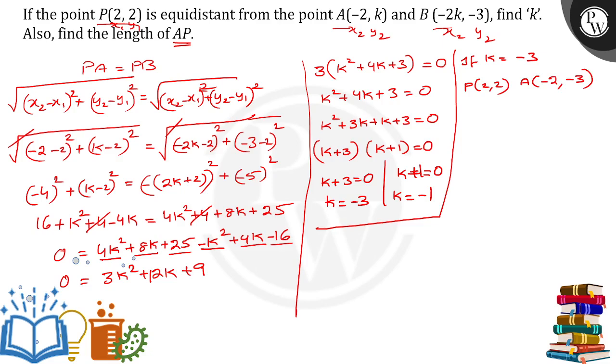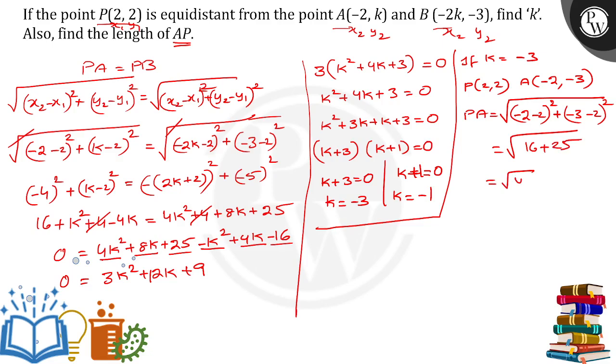So if we find the distance, PA is equal to square root of (minus 2 minus 2) whole square plus (minus 3 minus 2) whole square. So square root of 16 plus 25, which is square root of 41. PA value is square root of 41 when k is equal to minus 3.